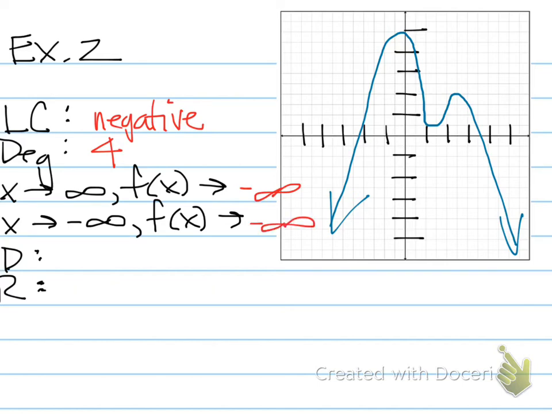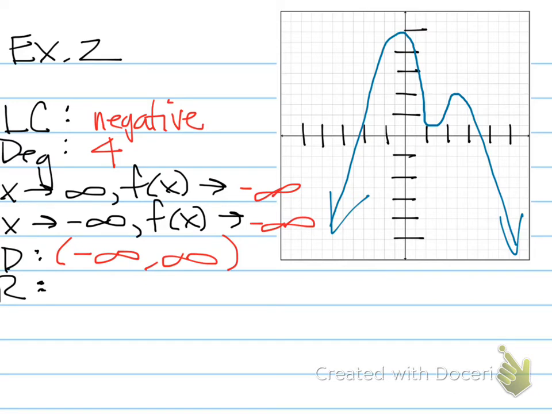And as x approaches positive infinity, we can see in the graph that it's approaching negative infinity. And we can also see that as x approaches negative infinity, it also approaches negative infinity. The domain for all even functions is going to be all real numbers.